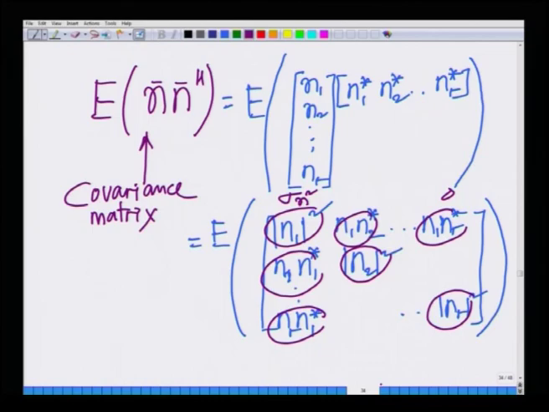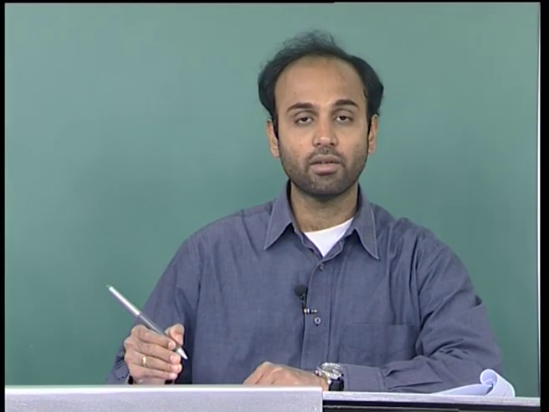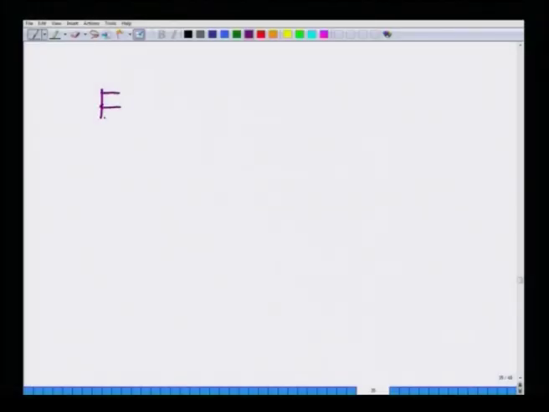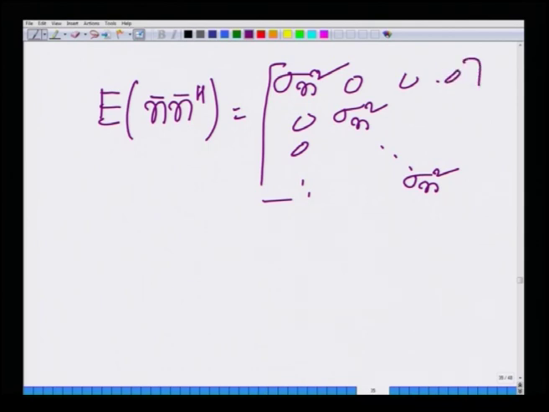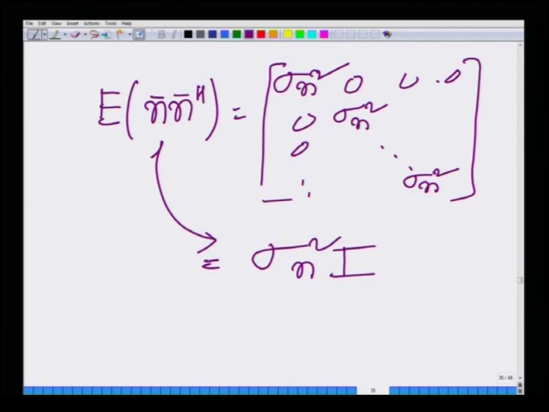Hence, this matrix, which is the covariance matrix of the noise vector at the receiver, is nothing but expected n bar n bar Hermitian, where only the diagonal terms survive. This is hence equals sigma n square times the identity matrix.